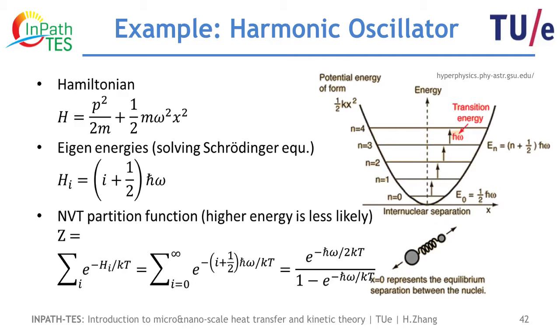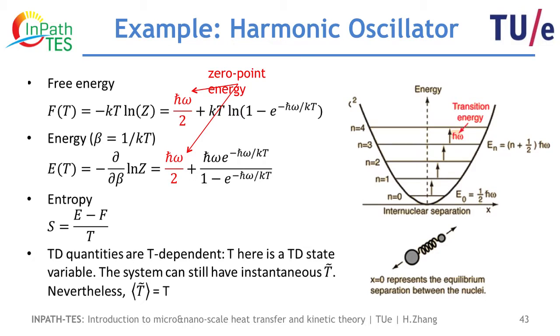The partition function here is simply the sum of all possible states of the system weighted by the probability. For the one-particle system, the partition function Z can be solved analytically. Now we can use the analytically solved partition function to derive the thermodynamic quantities of the harmonic oscillator.